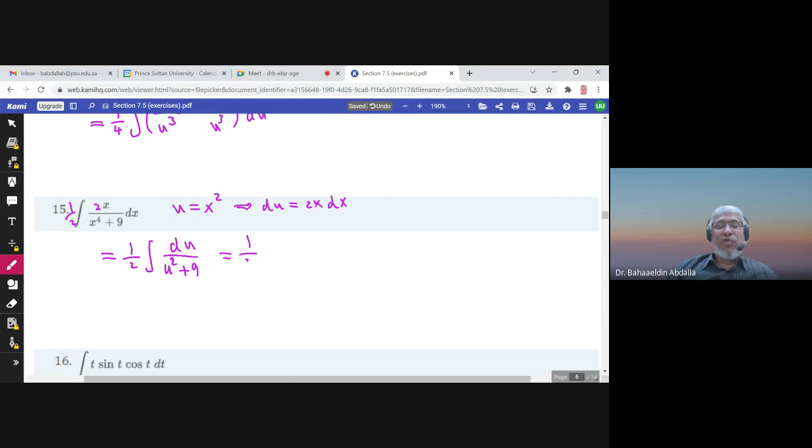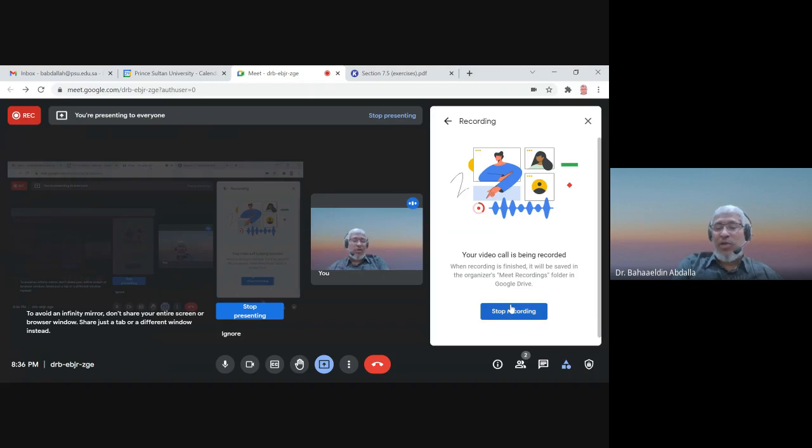And we know that the integral of this is 1 over 3 times tan inverse of u over 3 plus c, and then you write u as x squared. I'll stop here and continue in another video.